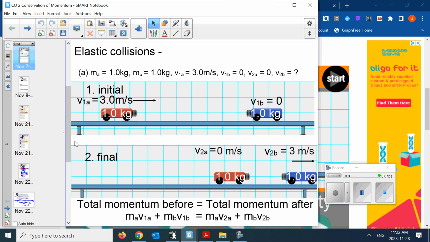The first setup that we have on your paper is one where we've got a kilogram and a kilogram, same weight. And I'm coming in at 3 meters per second on it. This one's at a standstill. What's going to happen? Some of you might have more experience with pool balls, this is why I bring this up.